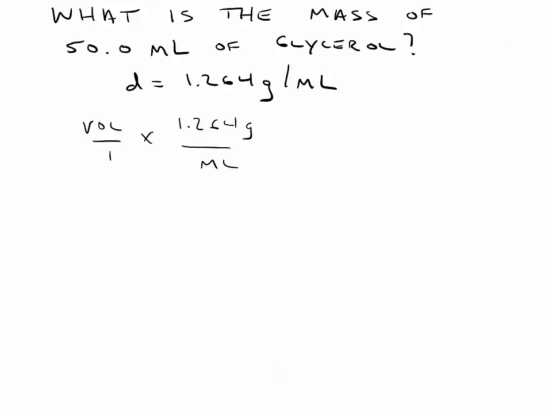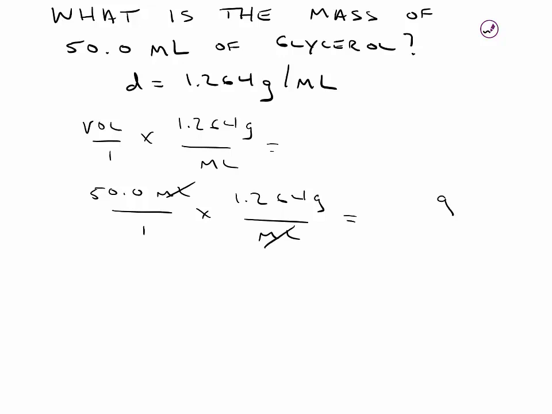And if we fill in the 50.0 milliliters here, write that over 1, multiply that by the density as written, the 1.264 grams per milliliter. Using dimensional analysis, we see that the milliliters are going to cancel, and it leaves us with only the grams in the numerator.